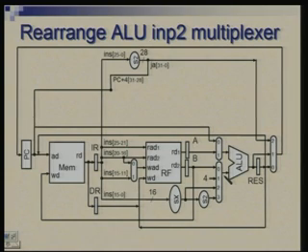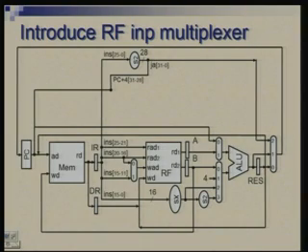Then we move our attention to this area where we have data coming from DR or from RES that needs to be multiplexed before we feed it into the register file. So, just move that wire at the bottom, to make some space here where I will place the multiplexer.